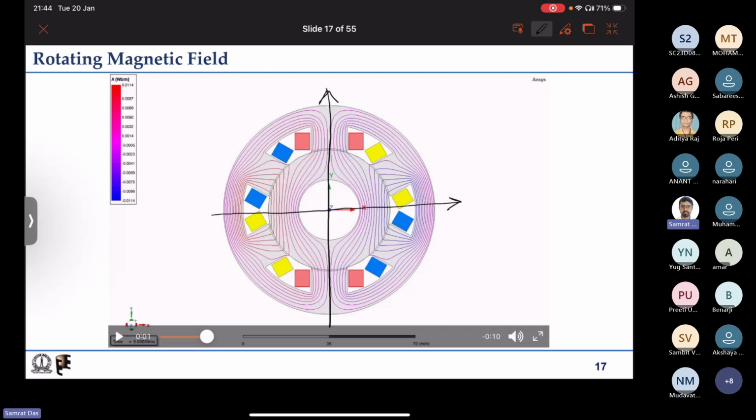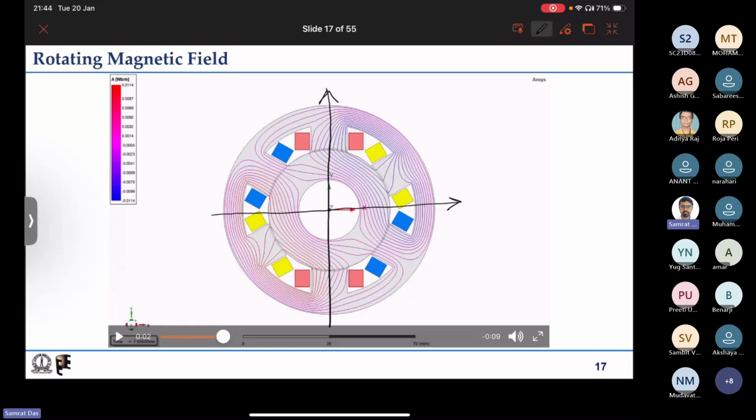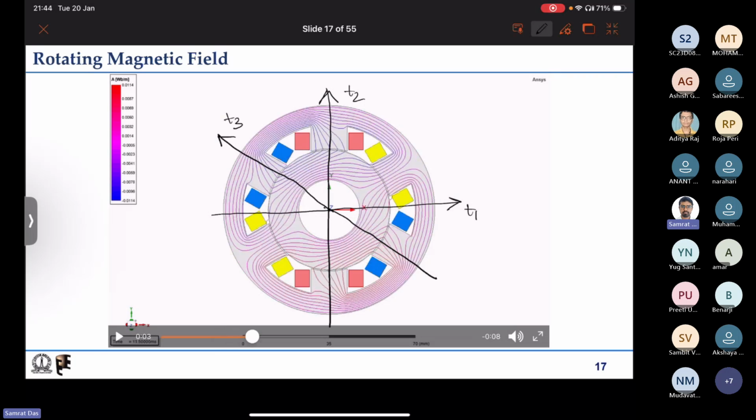So there is some kind of rotation in the axis. Now as I go ahead, you can see that this is T1, this is T2. Now the T3 axis has come here, right? As we go forward, you have the T4 axis. So you can see that we don't know how, but we have a rotating magnetic field.